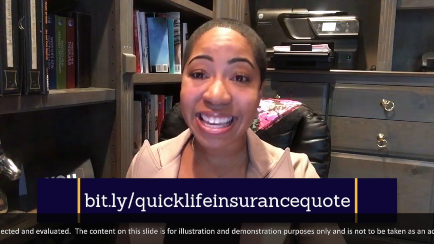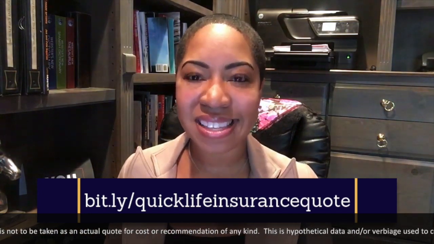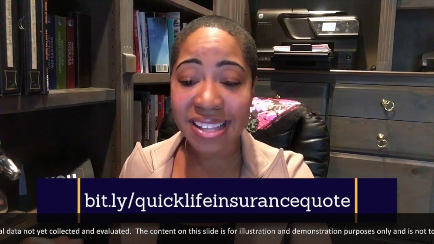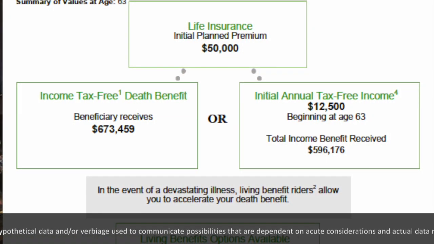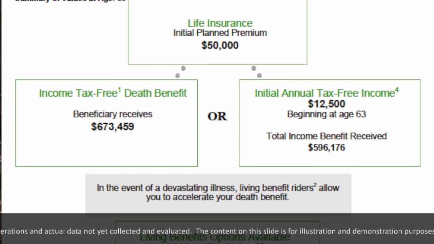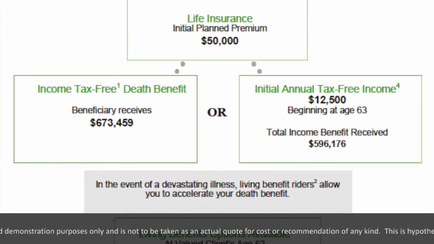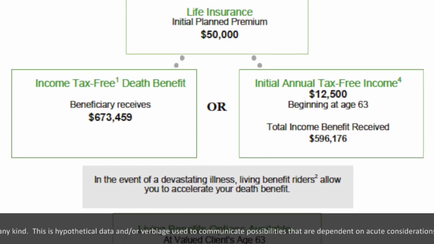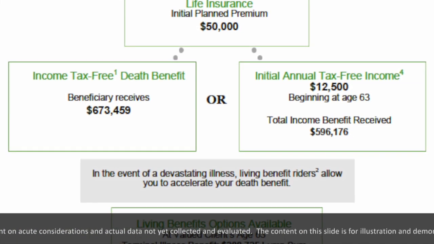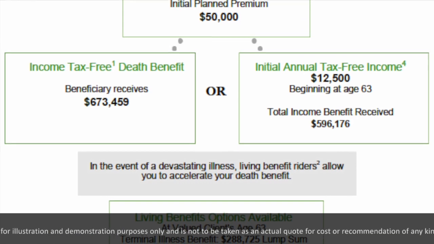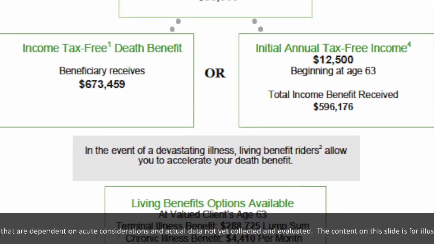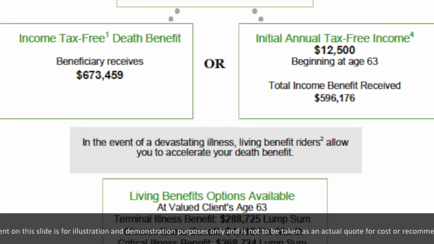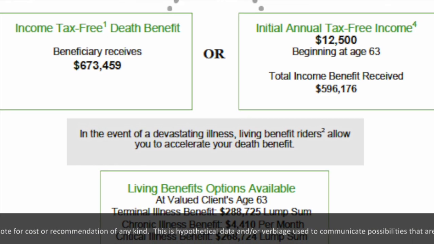In addition to utilizing this particular design for tax-free income totaling $596,176 over time, or of course if this person passes away during that time frame, their beneficiary receiving $673,459 income tax-free, there are additional benefits that are listed. And these things will always be represented in these illustrations.